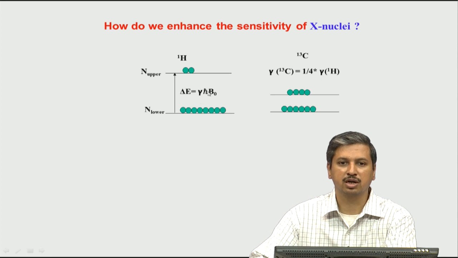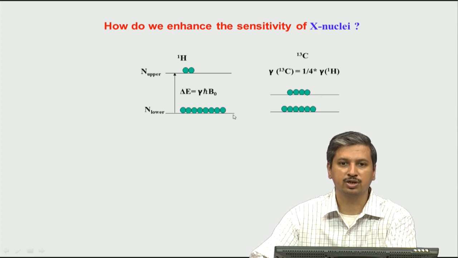In carbon, gamma is 4 times less compared to hydrogen. Therefore, the population difference, which as we saw in the previous slide is directly proportional to gamma, will also be 4 times less in carbon compared to hydrogen.